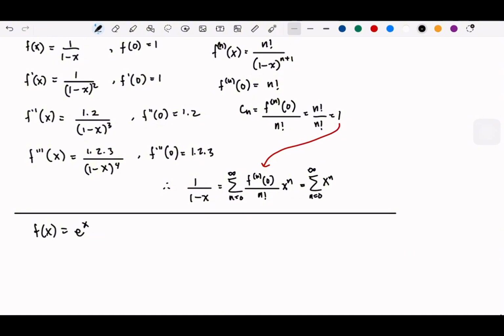So we can just write that since it's going to be the same, the f with derivative first, second, or nth derivative, this will also be the same e to the x. So at x equals 0 it will be just 1, right?